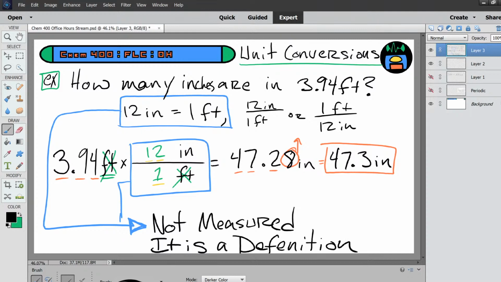That means that there's exactly 1 foot in 12 inches. There's exactly 12 inches in a foot. So because this ratio wasn't measured, because it's based on a definition, it will never limit your sig figs, all right? And this is a huge take home.